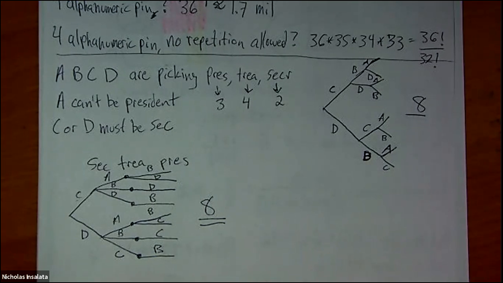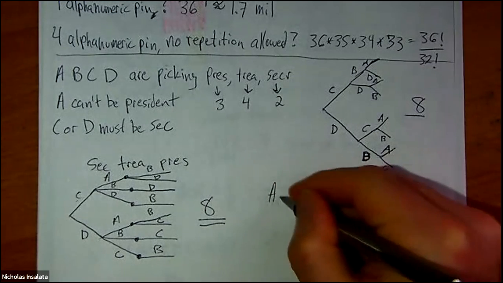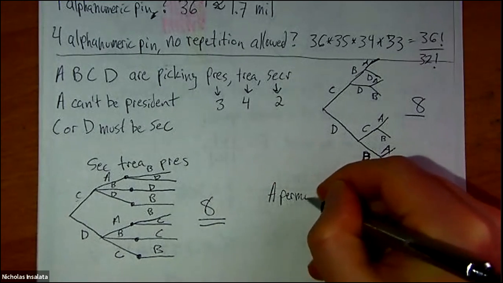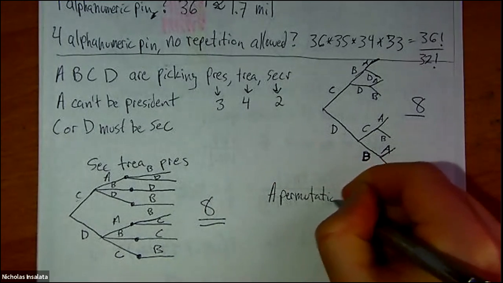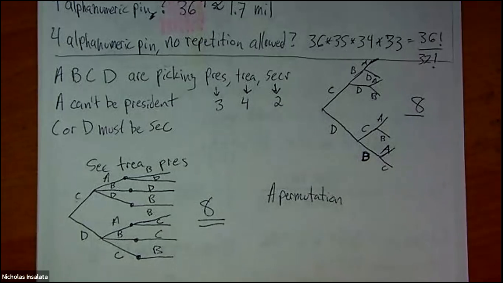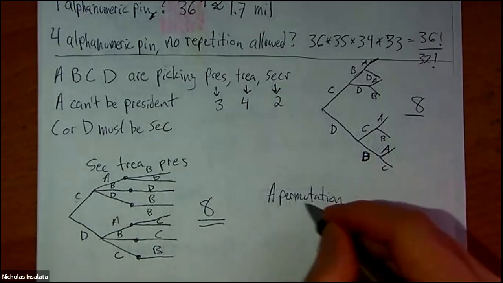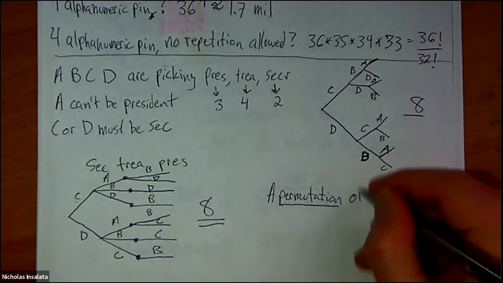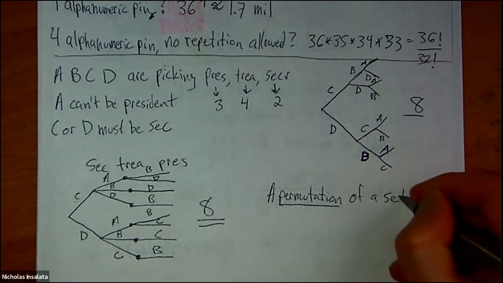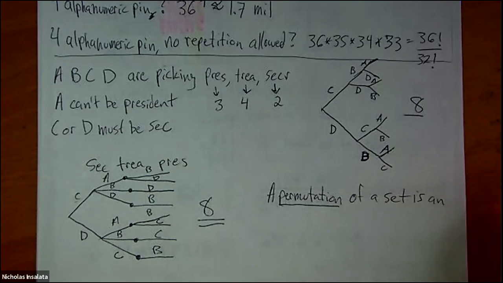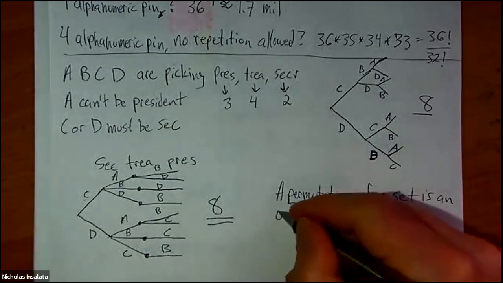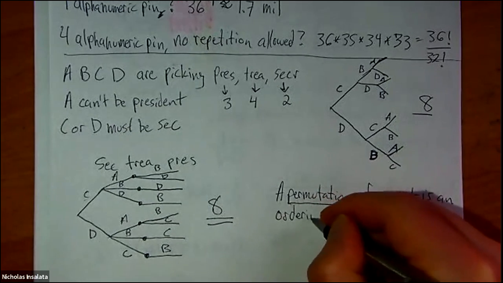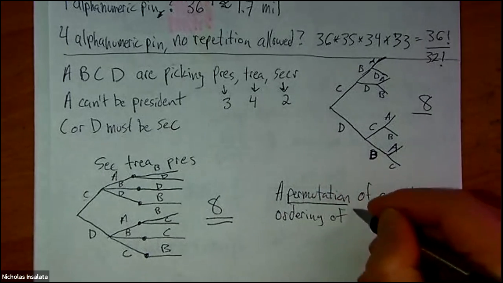So let's go in with another definition here. A permutation of a set is an ordering of the set elements.